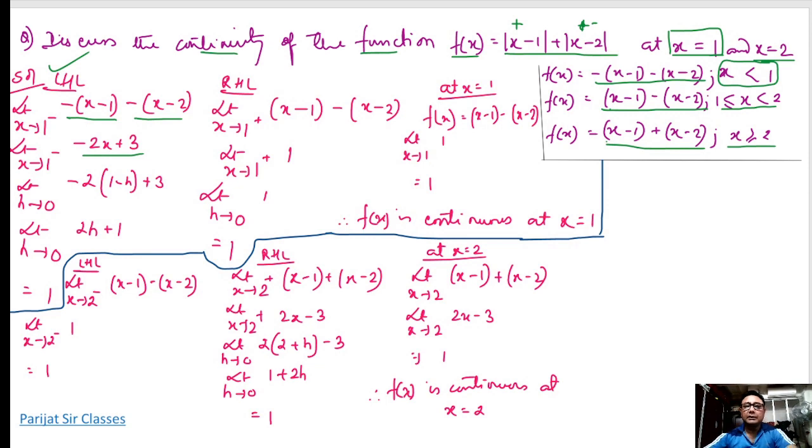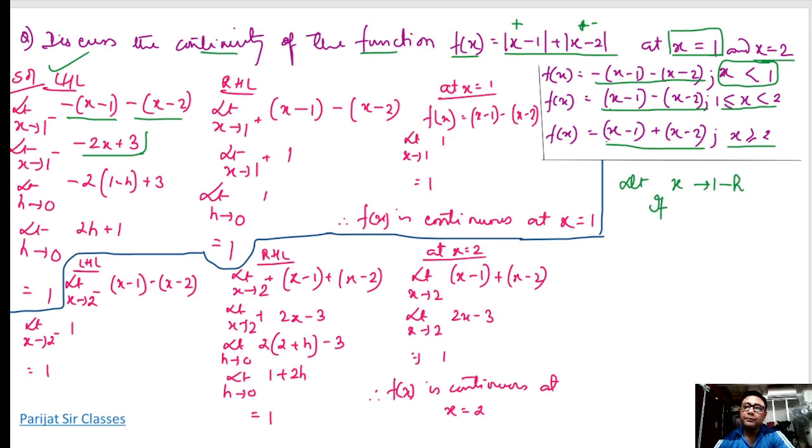Friends, let's see here in this sum. As you can see, if it is less than 1, we are choosing this equation, and so it comes out to be like this. Now let us take x as 1 minus h.